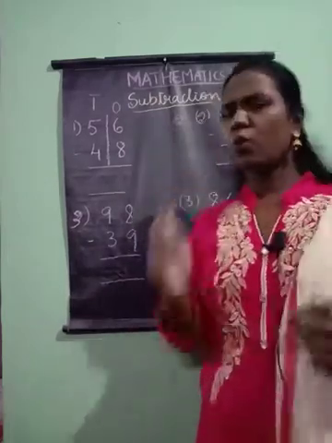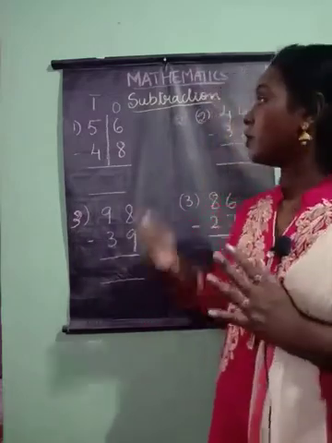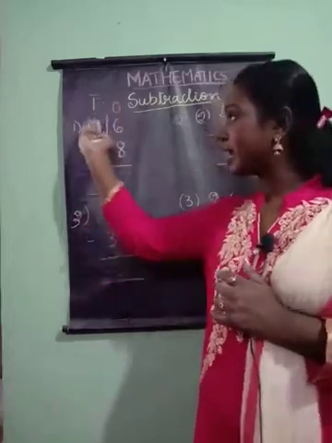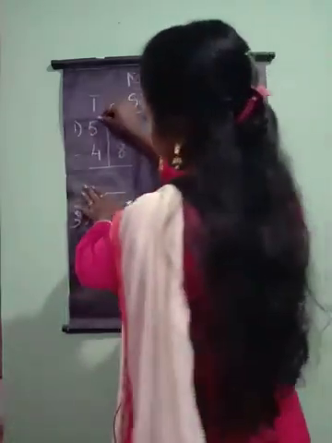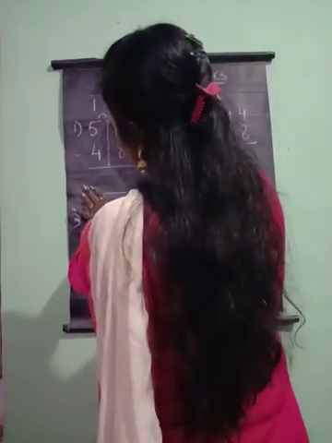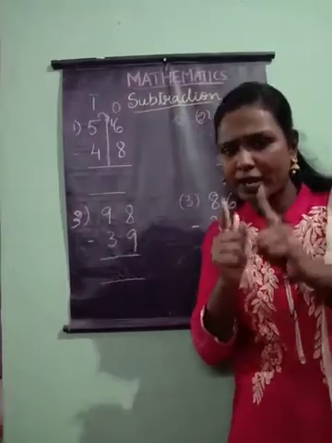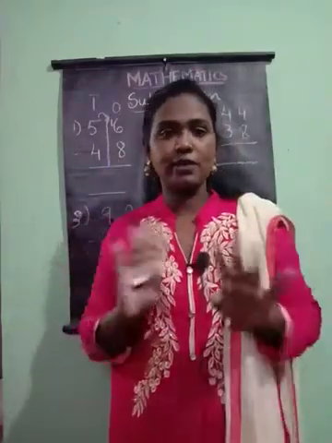Now we have only one option. We have to take a carry from the tens place number, that is from 5. So 5 is giving a carry of 1 to 6. When it gives 1, 6 becomes 16, not 7.